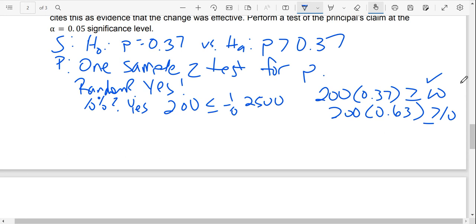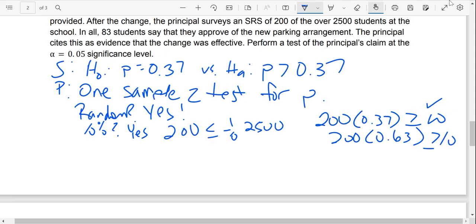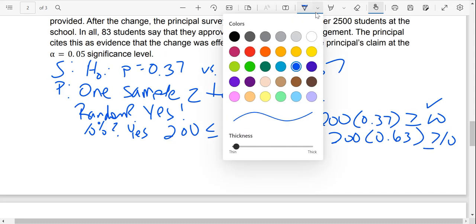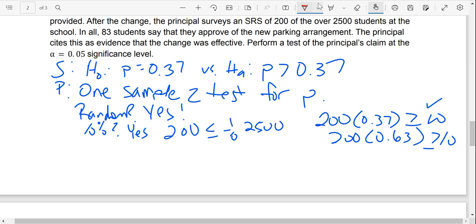Z, if we calculate it, to find a z-score, I'm going to go in a different color and go to the right because I'm running out of space. So 83 over 200 is 0.415, and minus the 37%.